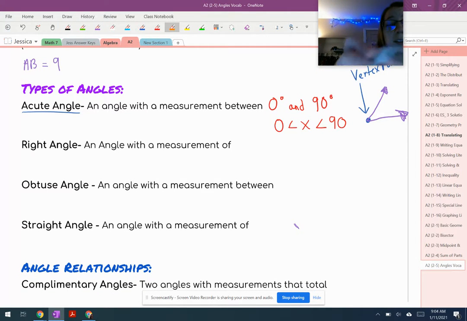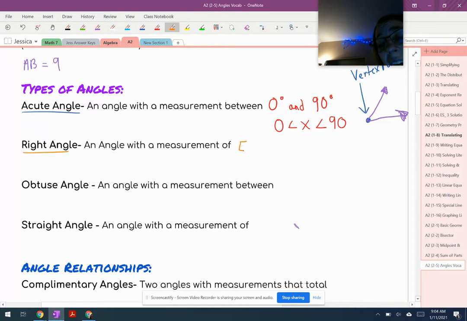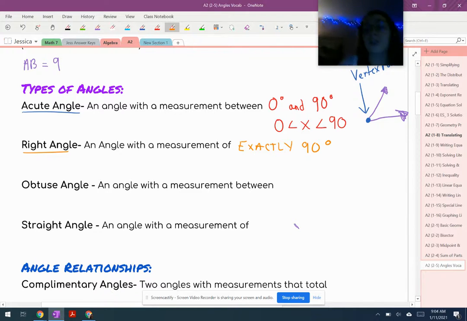And then next we have a right angle. And a right angle is just an angle with a measurement of exactly 90 degrees. So it has to be equal to 90 degrees.